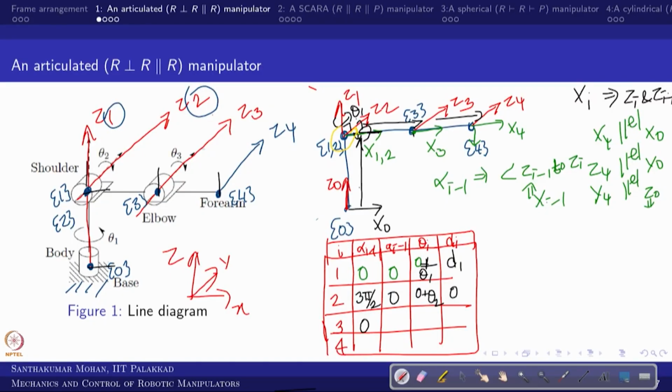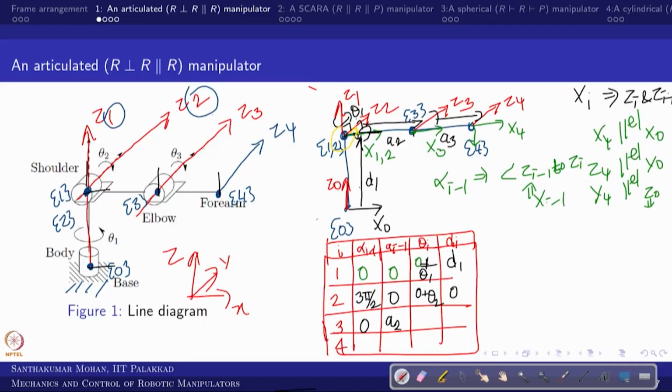So what is a? a would be realized along x. In this case there is a distance along x2, traveling from 1 to 3. So this is what we call a3 minus 1, in the sense this is a2 and this is d1. This is a3.